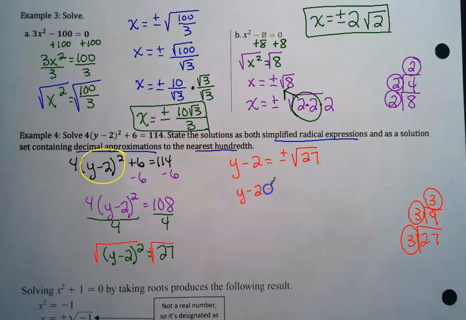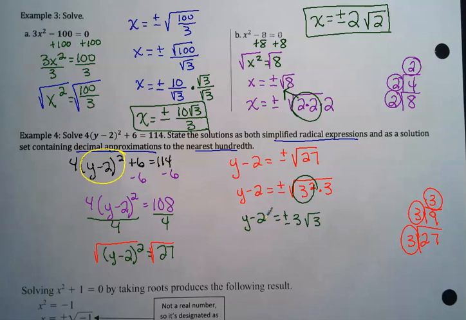So y minus 2 is equal to plus or minus the square root of, and you could write it as 3 squared times 3, if that helps you, because then you're like, oh, well, the square root of 3 squared is 3, and the other 3 is going to stay under the square root. You can write it any way you want.